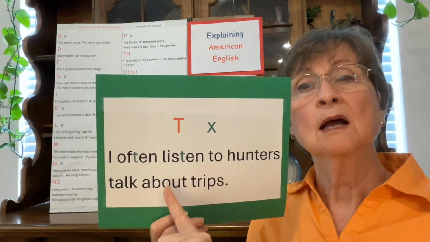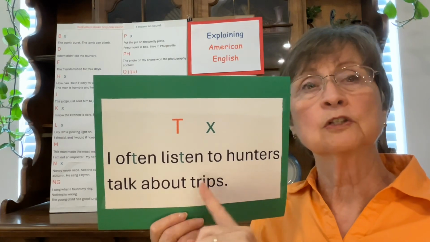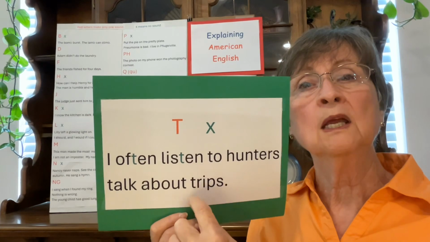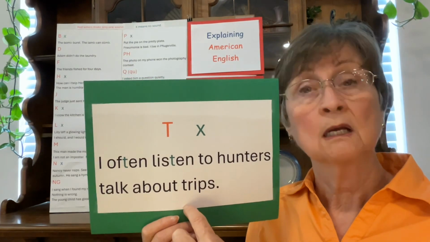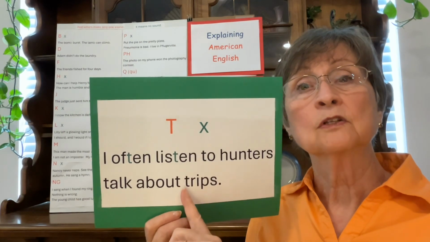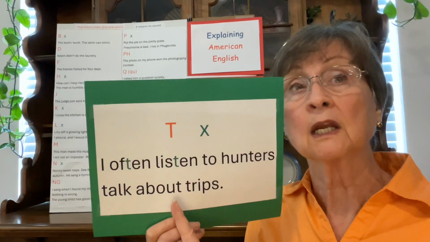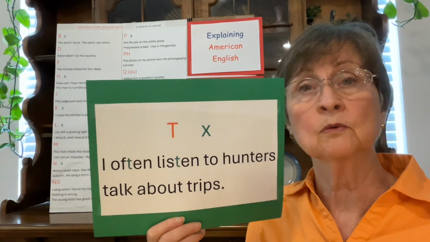Now, when we say about trips, we don't want to say about to trips, because if you put that in there, we hear the word a, and it doesn't make sense. So we have to connect the two T's by stopping this T. Stop. We say about, and then trips, and there's no ta in between.